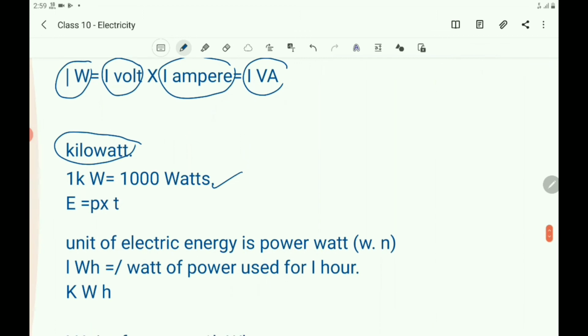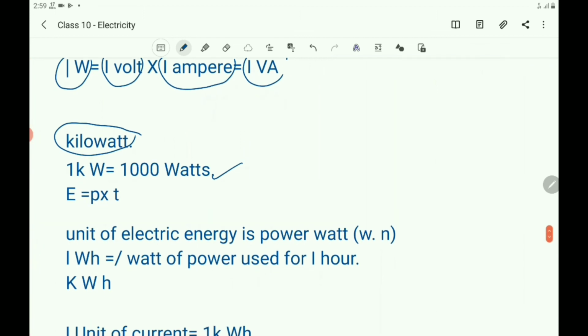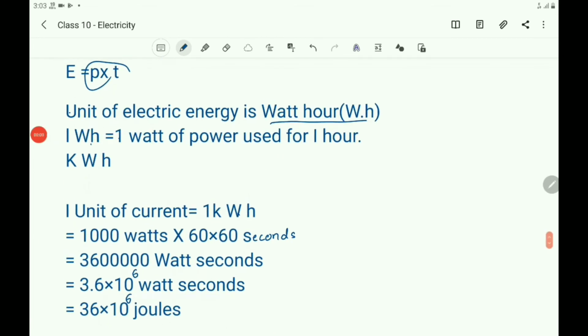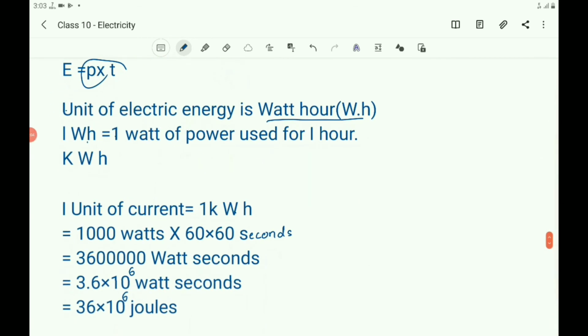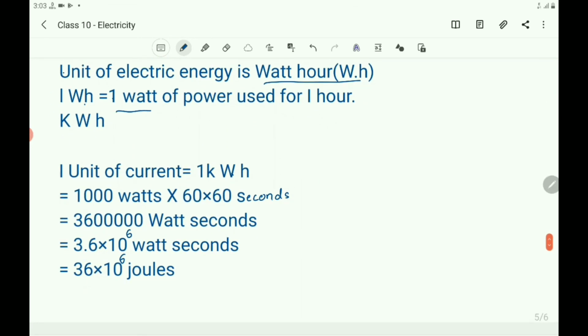And you know that electrical energy equals power into time, P into time. So the unit of electric energy is watt hour. 1 watt hour equals 1 watt of power used for 1 hour. And the larger unit is kilowatt hour.